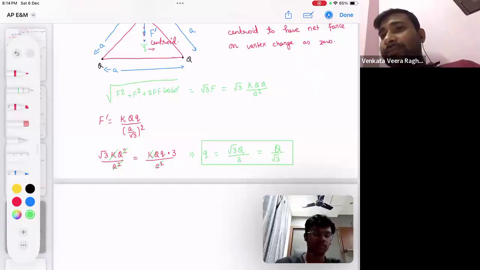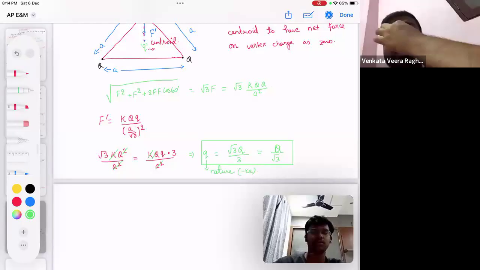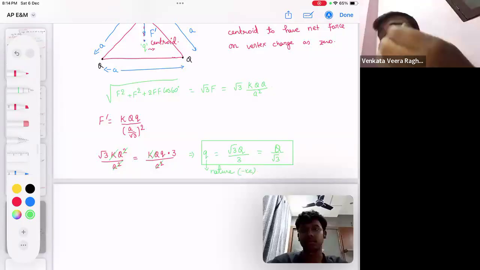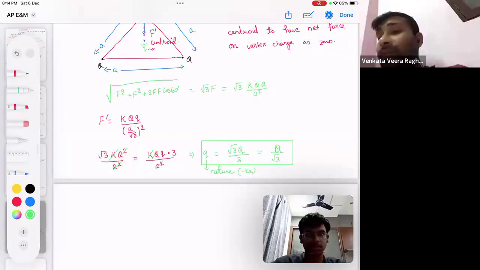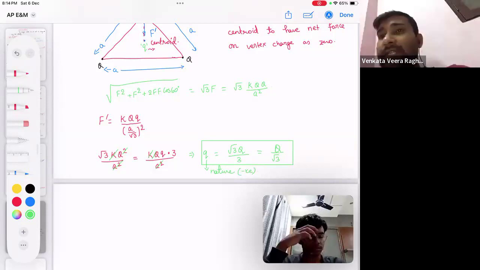And the nature should be what? Negative charge. Is that clear? So that is another question based on the electrostatic force using Coulomb's law and the equilibrium condition from Newton's law of motion. Is that clear?